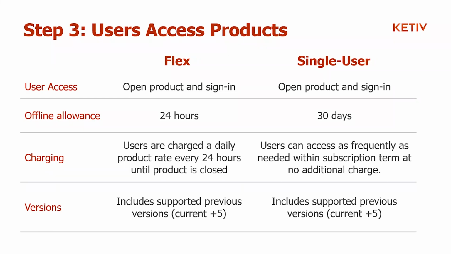With single user subscriptions, the same validation would be required, but it goes in 30-day cycles. So once every 30 days, there needs to be an internet connection in order for Autodesk to validate that the subscription is still active and utilized by the person it's assigned to.